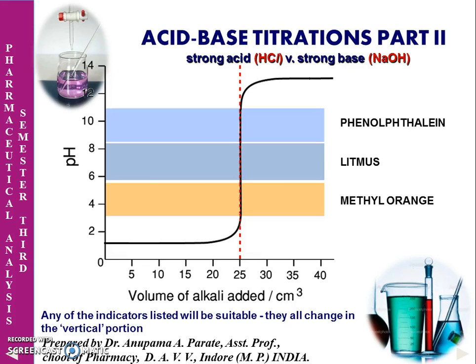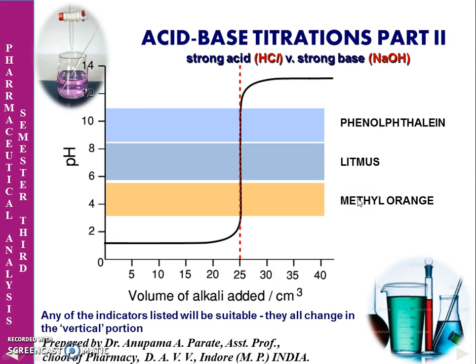So this is the neutralization curve, the pH curve, which we have already covered, which suggested the use of phenolphthalein, litmus and methyl orange over the entire pH range at which the endpoint was attained in a strong acid strong base titration. It suggested that any of the listed indicators will be suitable, as they all change in the vertical portion.